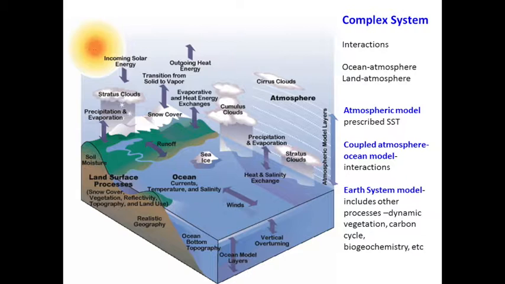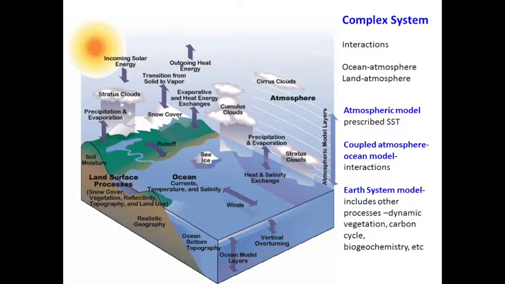The vegetation can receive the influence of the atmosphere and the ocean and respond to them. So it's an interaction between vegetation and the climate, let's say.